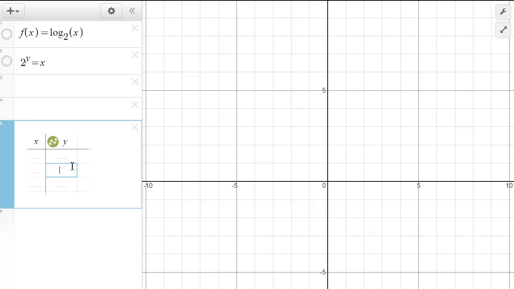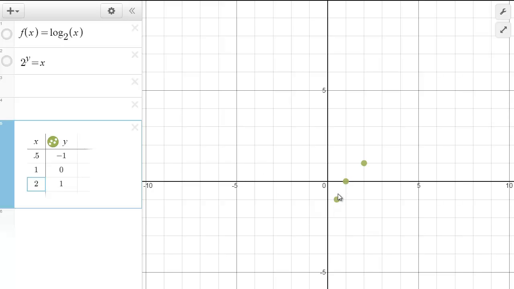So if we put in a -1 for y, 2 to the negative first power is 1/2. Plugging 0 in for y, 2 to the 0 is 1. And plugging in 1 for y, 2 to the first is 2.